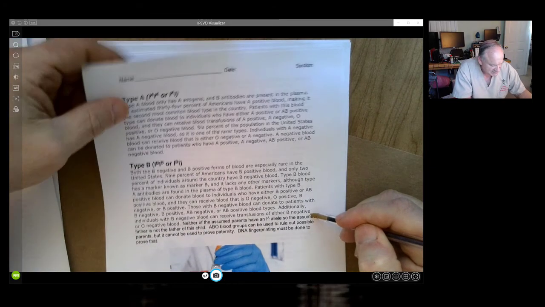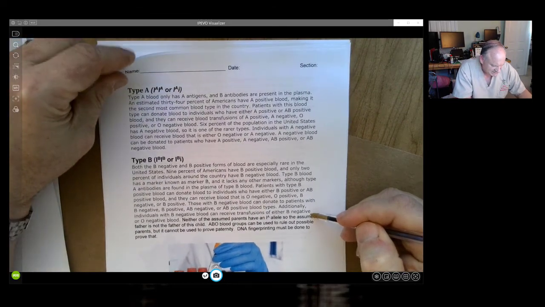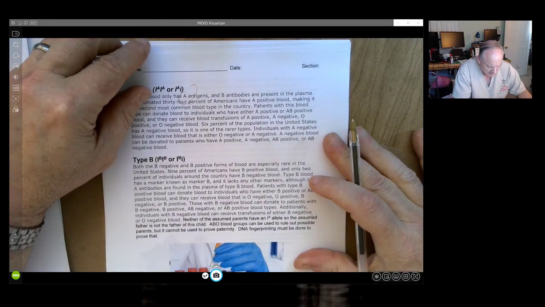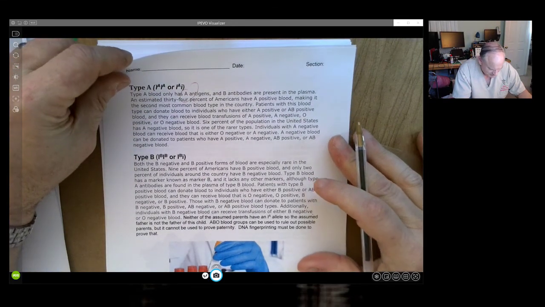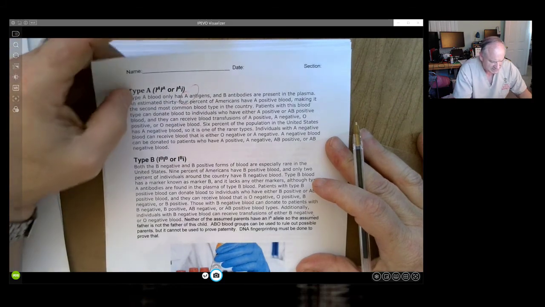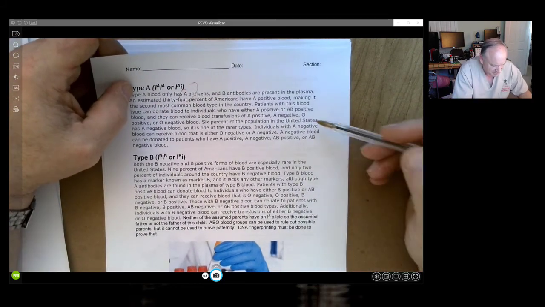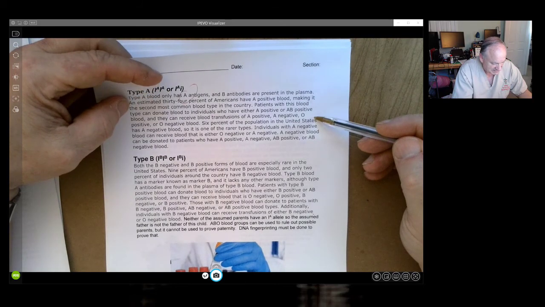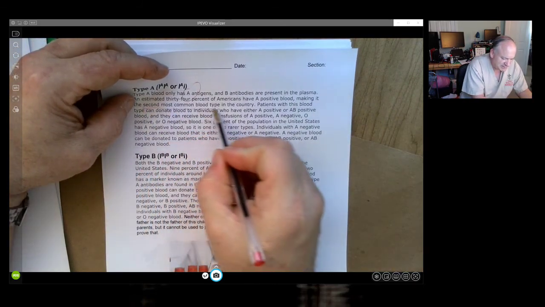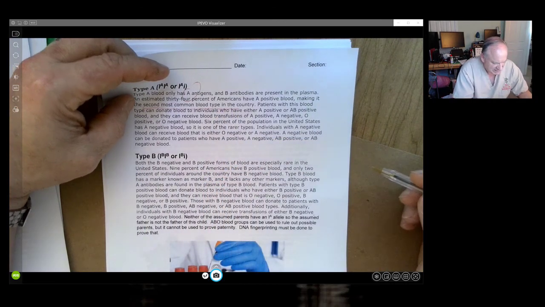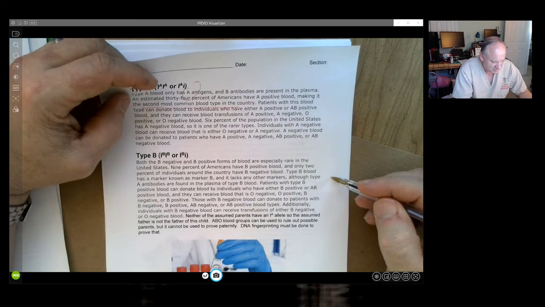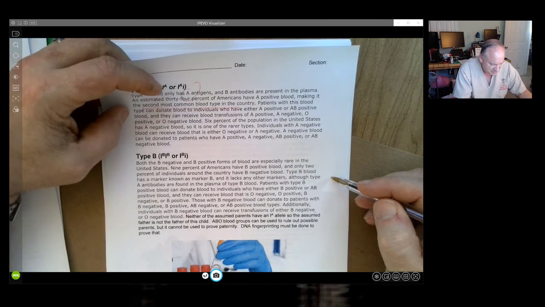Type A blood has the A antigens, obviously, and it's the most common, the second most common blood type in the country. So the type A, I guess I have one of the more common.